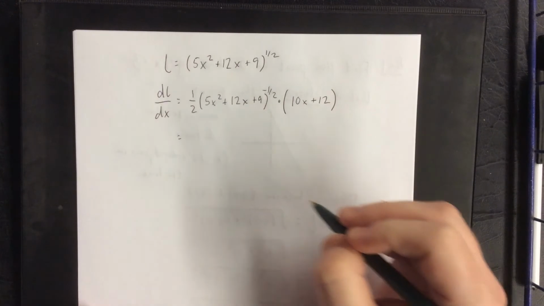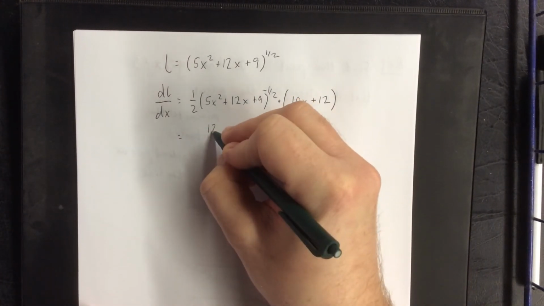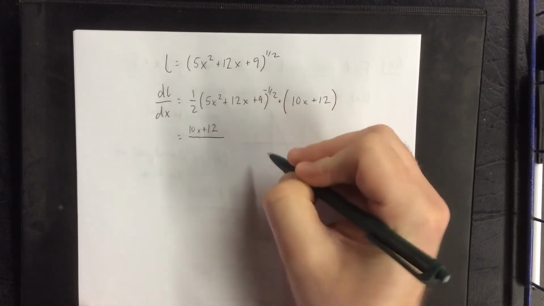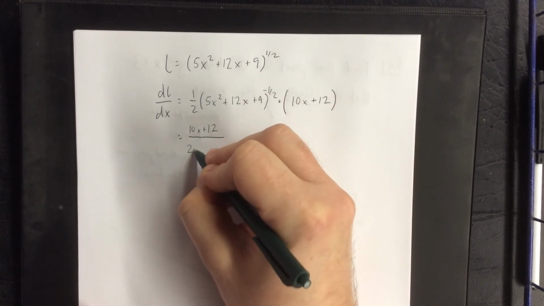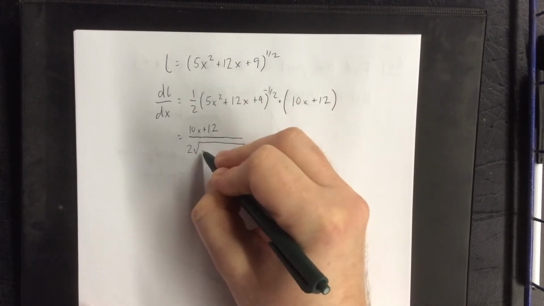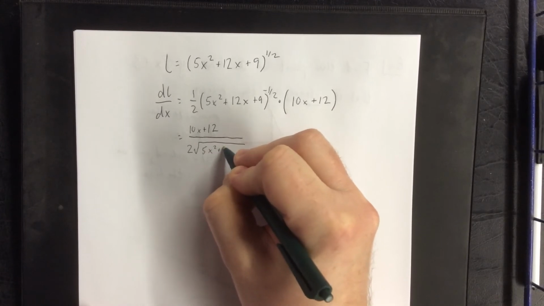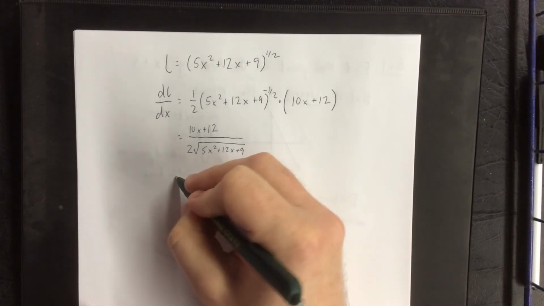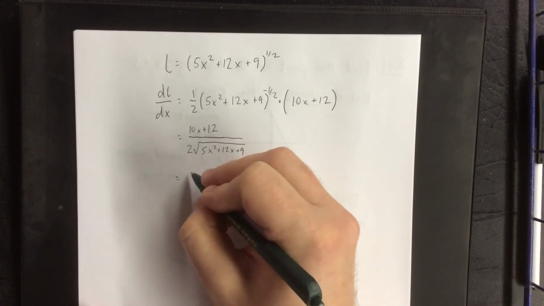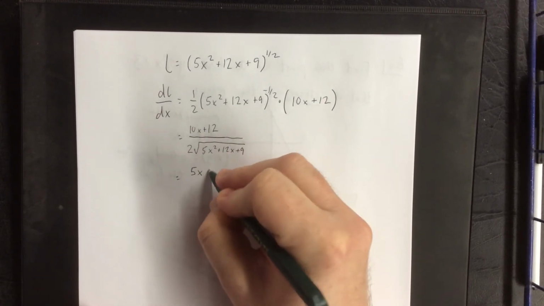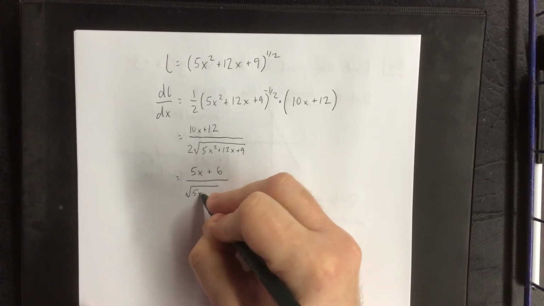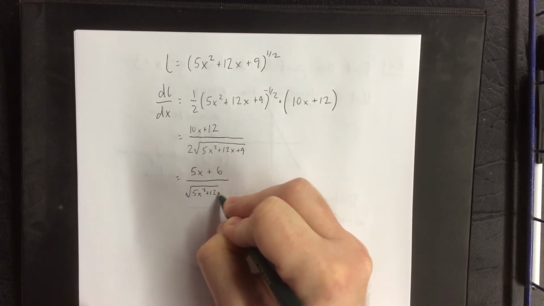Rewriting this using a little bit of algebra, the 10x plus 12 can go in the numerator, and the denominator is going to be 2 times the square root of 5x squared plus 12x plus 9. We could take it one step further and apply the 2 to the two things in the numerator and call that (5x plus 6) over the square root of 5x squared plus 12x plus 9.